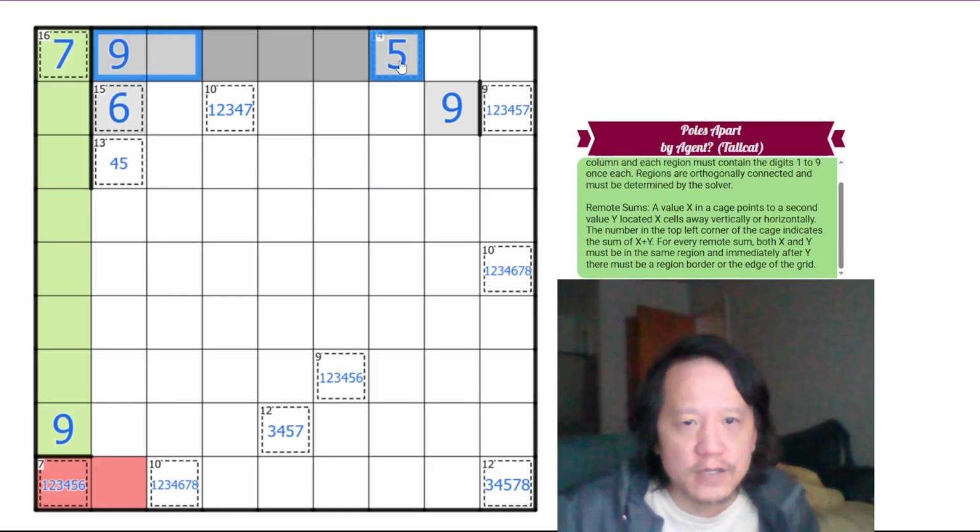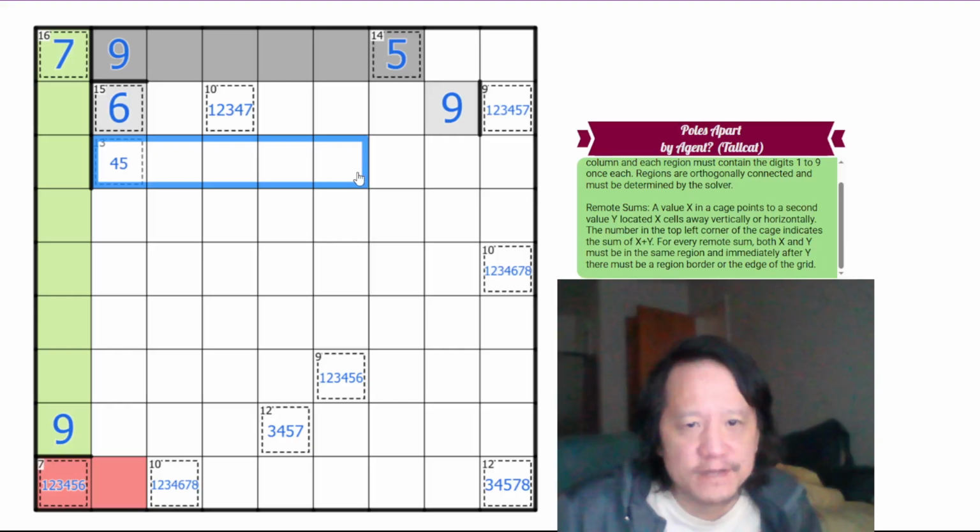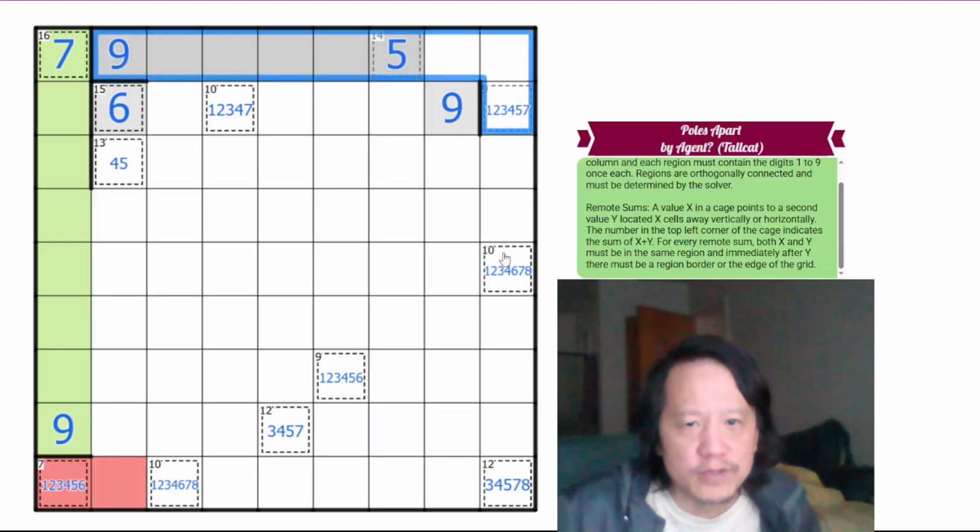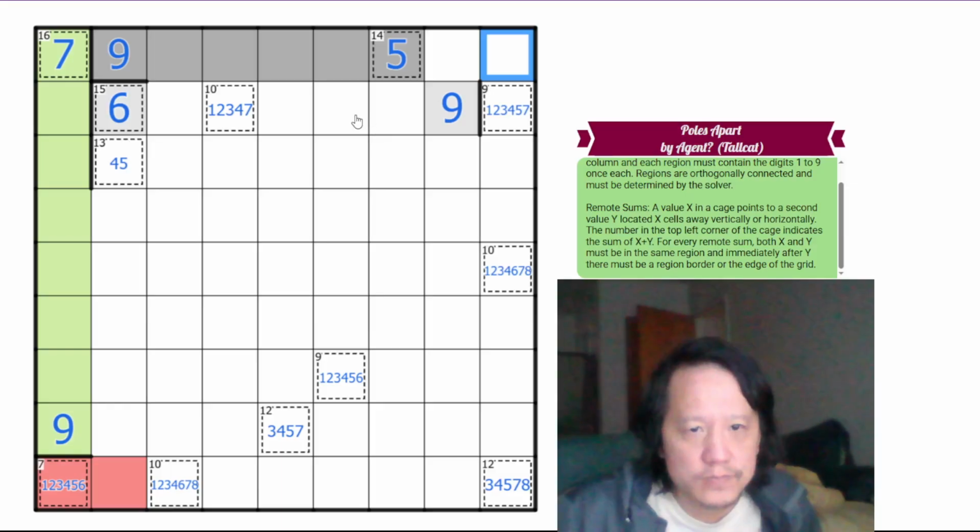So this medium cannot be part of the same region as light. If we went 5 this way, this would have to essentially be this way. And it could be 1 and 8. That could be possible. So 5 and 9.